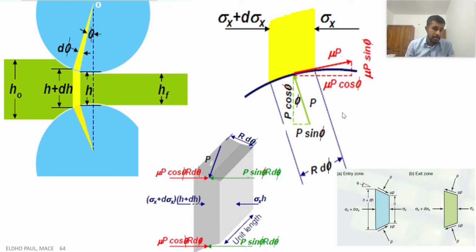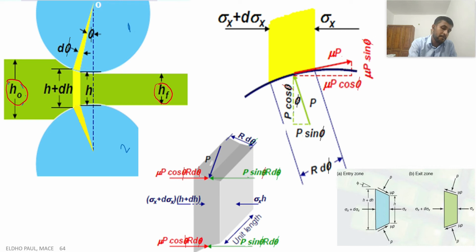In this slab analysis, there are two rollers, roller 1 and roller 2, and in between them a workpiece is moving. The initial thickness of the workpiece is h0. After the rolling process, its thickness is reduced to hf.